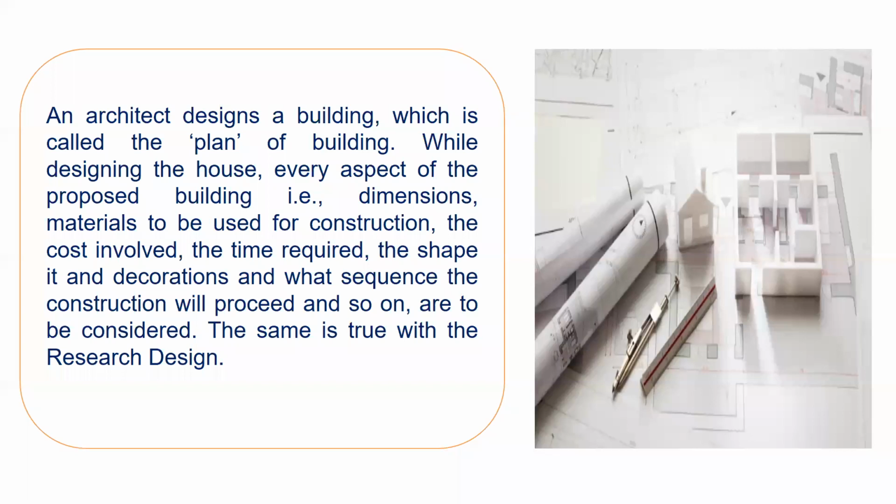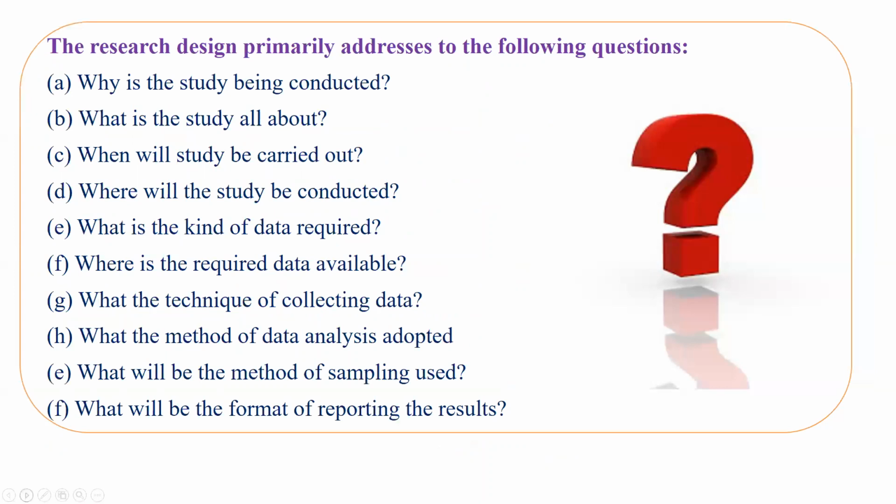Okay, so while you are going to construct the building, you have the planned building, in which you specify the dimensions, materials, cost, time required, shape and decorations, and the sequence of construction. Like that, in the same way, it is shown in the research process also. That is known as research design.